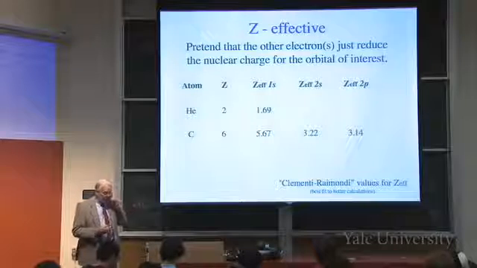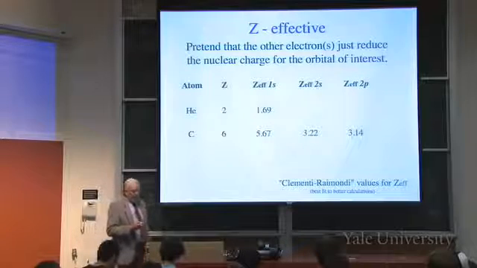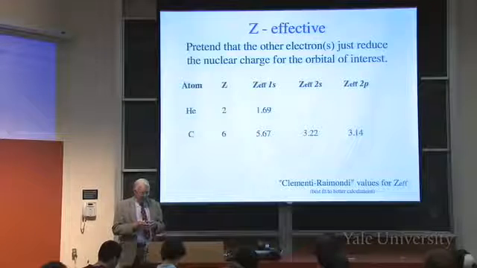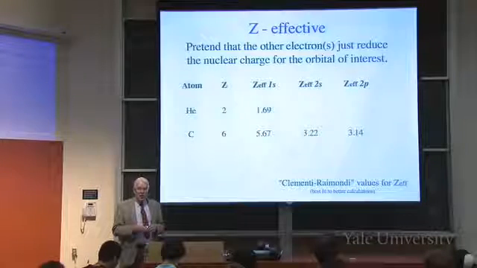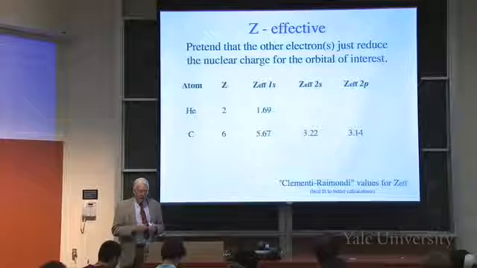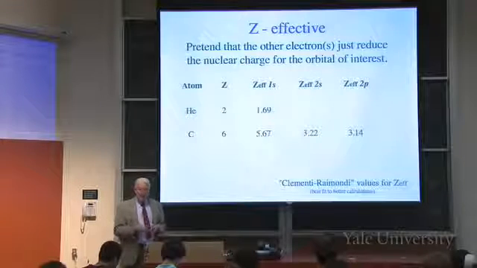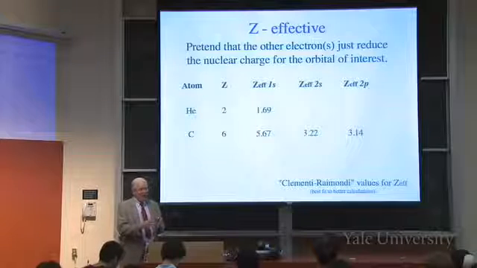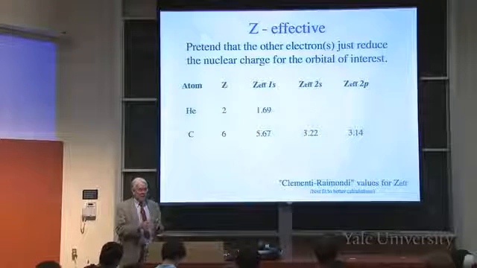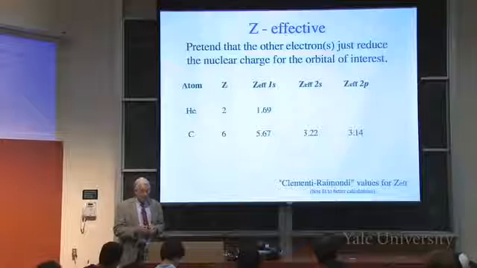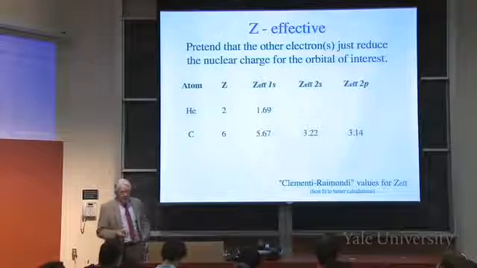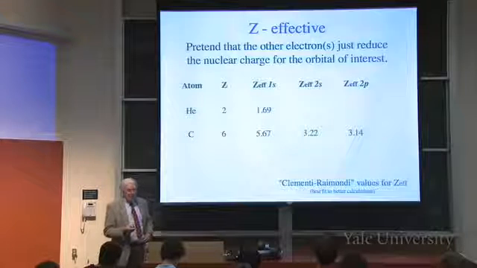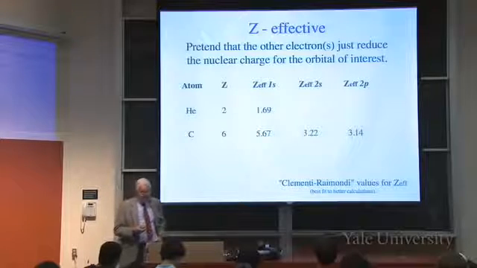But in the case of carbon, the 1s electrons, which are way down near the nucleus, have an effective charge that's almost 6, 5.67. But the 2s have 3.22, right? The 1s electrons are all down inside and making the nuclear charge appear small, right? And to a certain extent, the 2p electrons are also inside, but not as much inside as the 1s is.